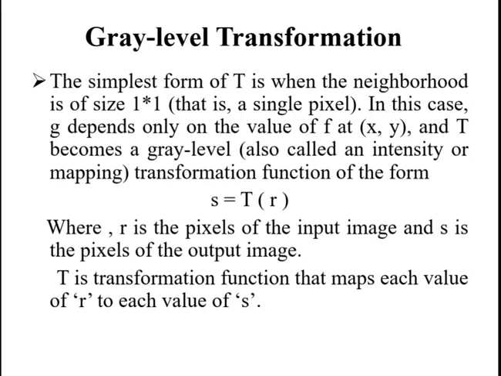T is the transformation function that maps each value of r to each value of s, where for simplicity in notation, s and r are variables denoting, respectively, the intensity of g and f at any point x comma y.